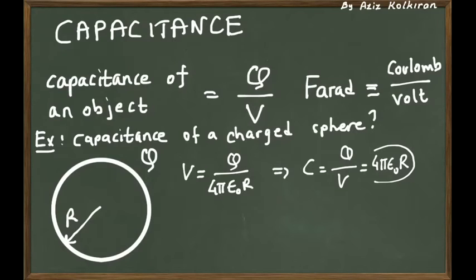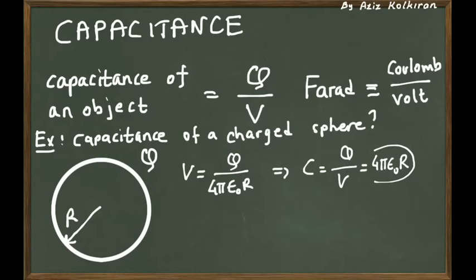Capacitance means the capacity of holding charge. Okay? If you have a larger object, it has a larger capacity of holding more charge, right? If you have a small object, it will collect less charge, of course. Because if you connect two different radius spheres to a potential, as we have considered in the previous lecture, remember, they were both at the same potential, but the smaller sphere holds less charge, and the larger sphere holds a larger charge.